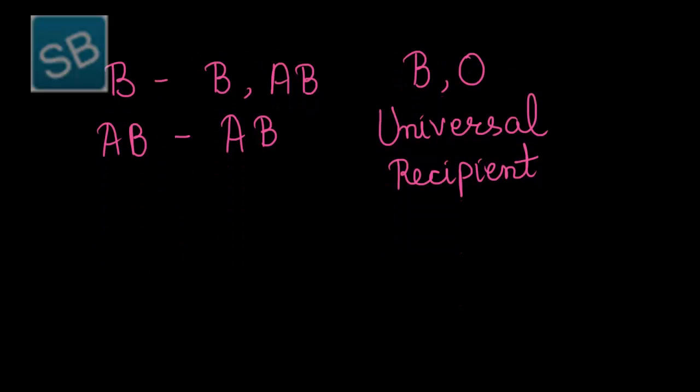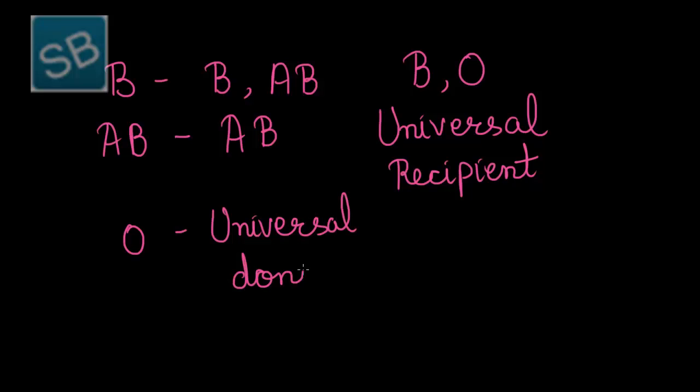On the contrary, the person with O blood group can donate to any person containing any type of blood group, and so it is considered the universal donor. Because it contains both antibodies, small a and small b, it can donate to any person, but it can accept only from a person possessing blood group O.